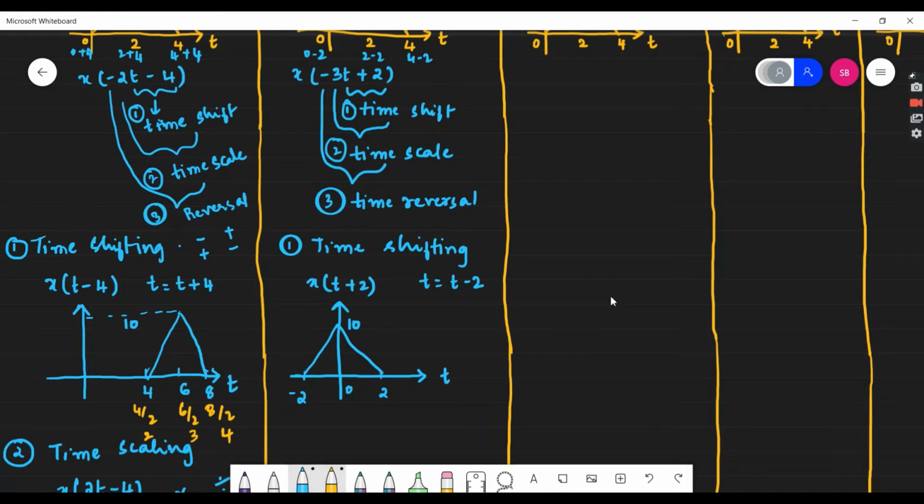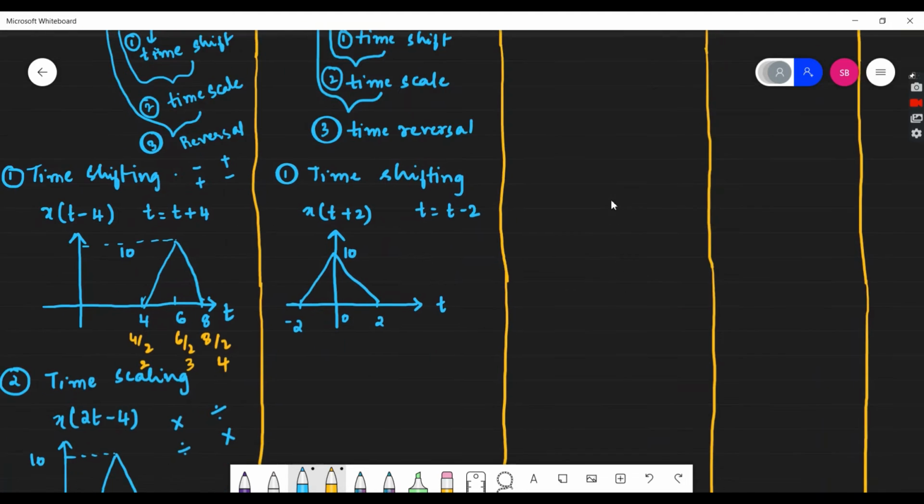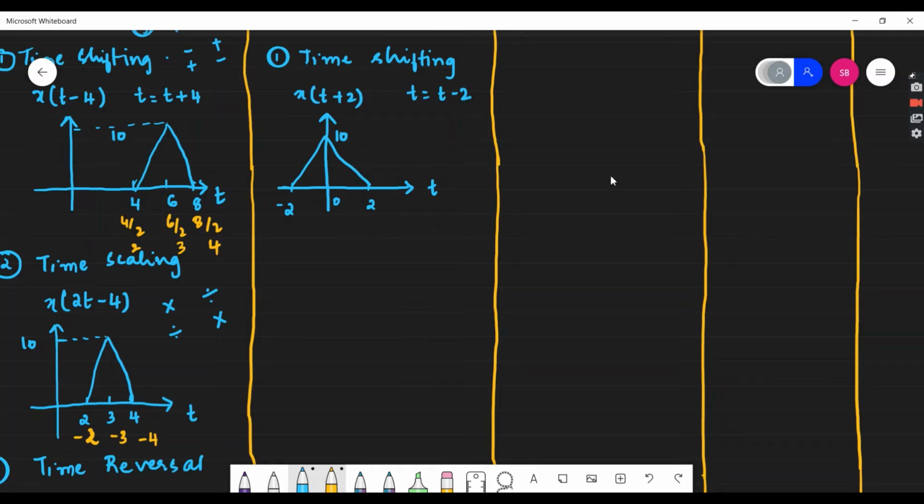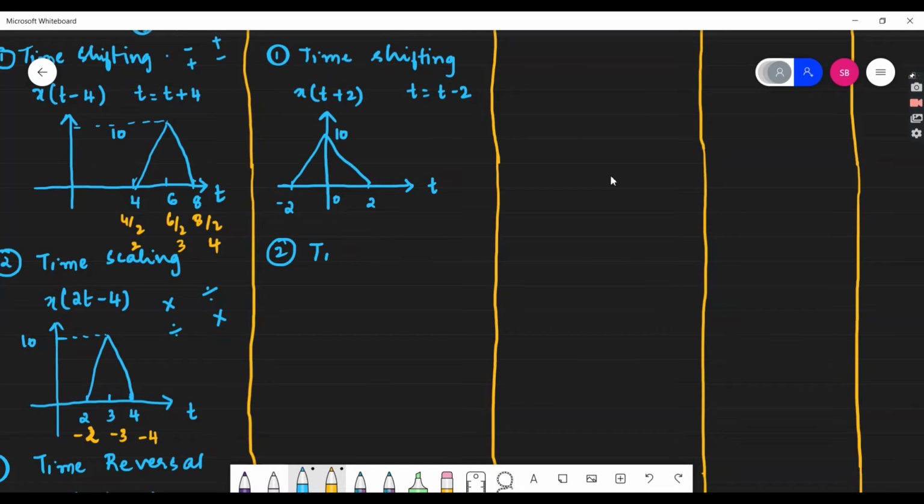But I want x of minus 3t plus 2. So second I have to perform the time scaling operation, which is nothing but x of 3t plus 2. Time scaling, where you will perform the operation of x of 3t plus 2.